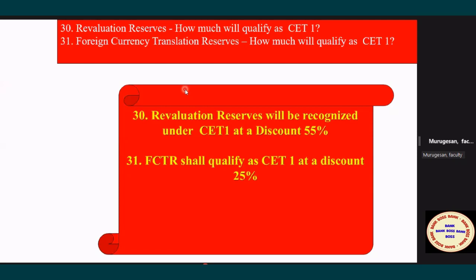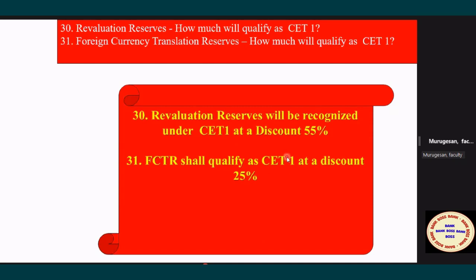Rupee may weaken or strengthen, and the bank may suffer a loss. So they create a reserve to absorb the loss. That is called FCTR, foreign currency translation reserve. This will also qualify as CET1, but subject to a discount of 25%, so 75% of this will qualify as CET1.